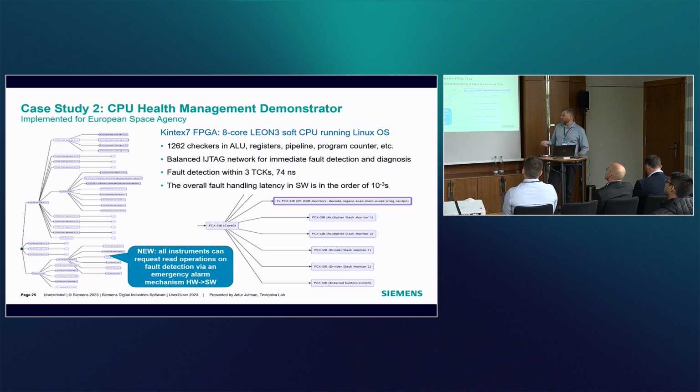We optimized the topology of the network, which is very important to have well balanced, so that the most important checkers would have higher priority to send data through the scan chains, while the least significant checkers would be sitting deeper in the hierarchy.